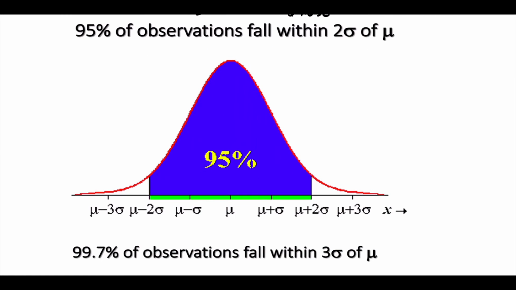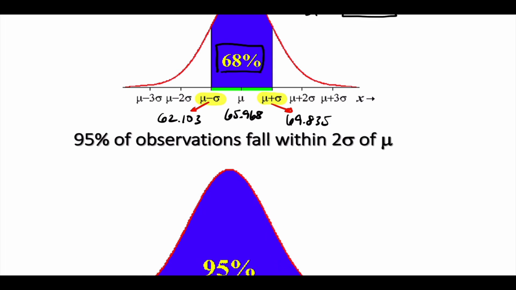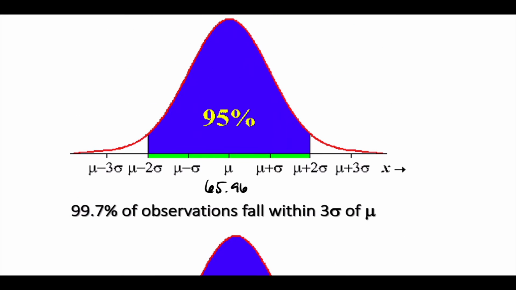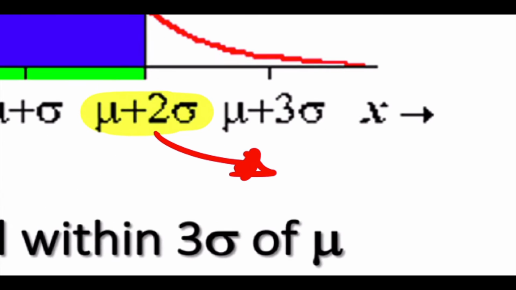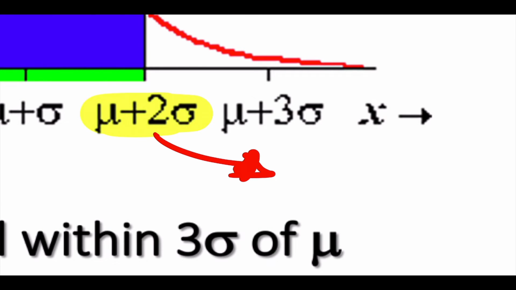Now we're going out one more standard deviation from where we were before. So the mean is still the same, 65.968. The average is still the same. I haven't changed the numbers. But now what I want to do is get these two values. How do I come up with that one?